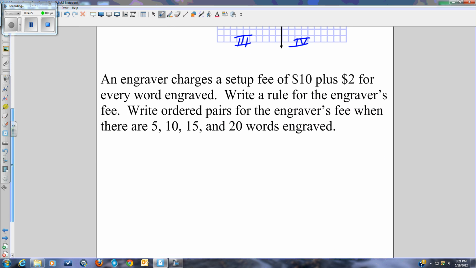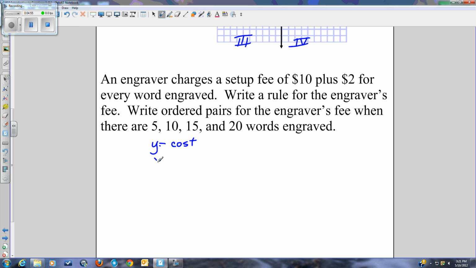Next, let's look at this word problem. An engraver charges a setup fee of $10 plus $2 for every word engraved. Write a rule for the engraver's fee. Write ordered pairs for the engraver's fee when there are 5, 10, 15, and 20 words engraved. All right, so the rule would be, we're going to use Y for our cost.